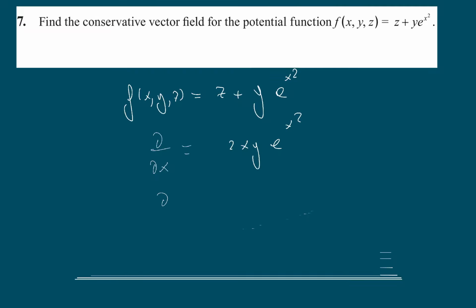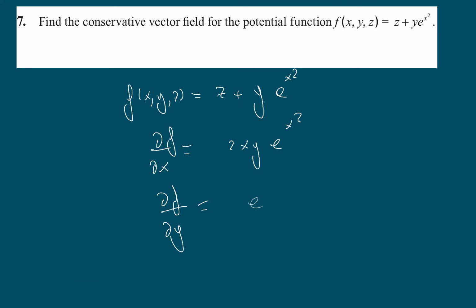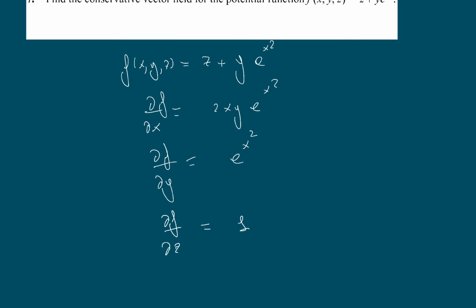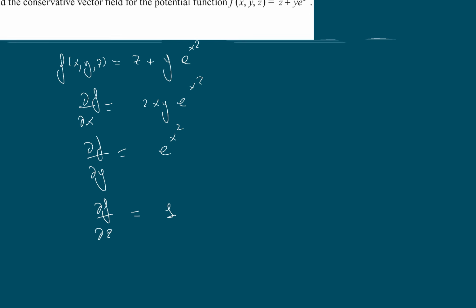What is the partial of f with respect to y? It is e to the x squared. What is the partial derivative of f with respect to z? It is 1.